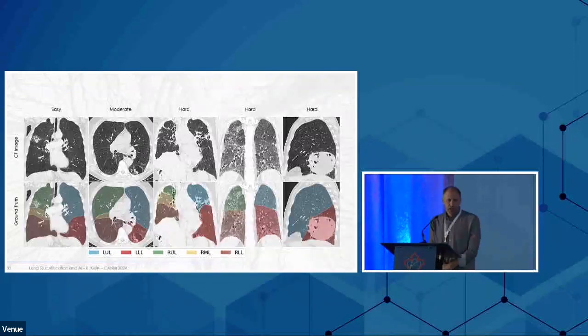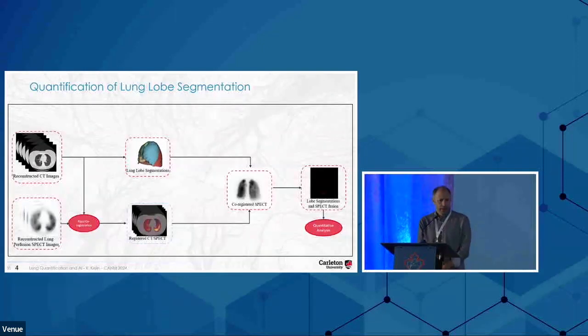So just to give you a feel of what things look like in the various categories, you see here an example of an easy, moderate, and 3 hard cases. And you can see the ground truth segmentations of those cases below. When you do the AI segmentation, the workflow can change a little bit.